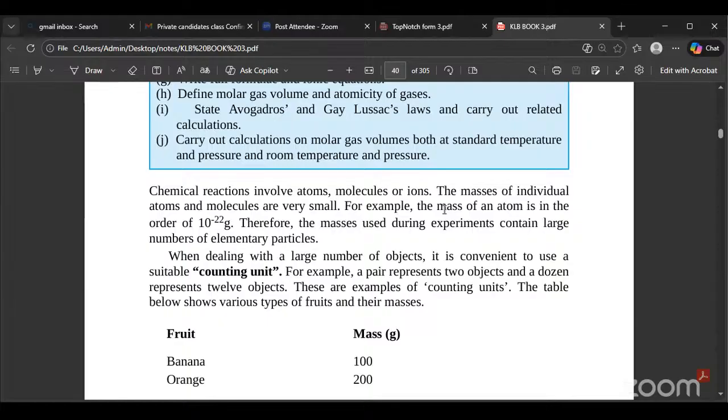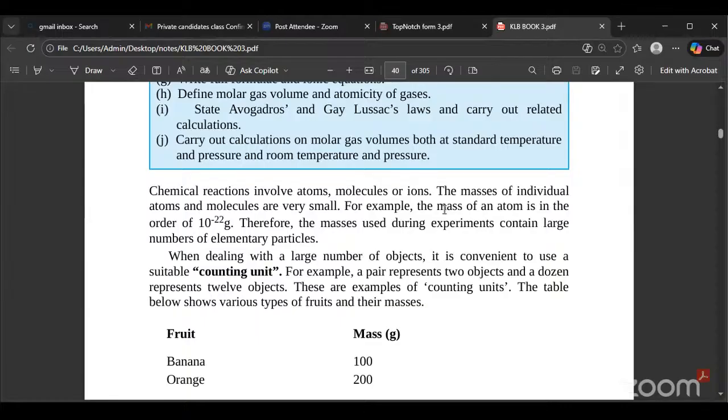English is normally very good with counting units. Instead of saying we have 30 elephants, which is a lot of words, English will tell you to say a herd of elephants. That is the counting unit.